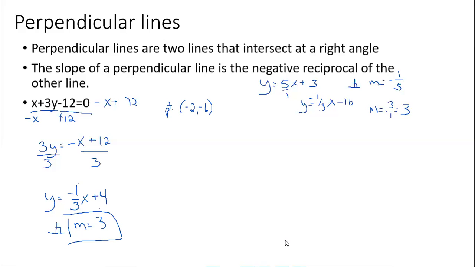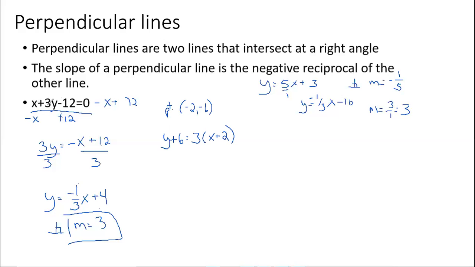So now we go back to the point-slope form of our equation. We have y minus y1. Well, minus -6 becomes +6, equals our m, which we said was 3, times x minus x1. Well, x1 is -2, so this becomes +2. And we can solve this. Again, usually they want it to go back to the original form.